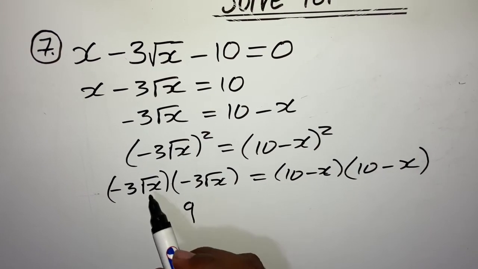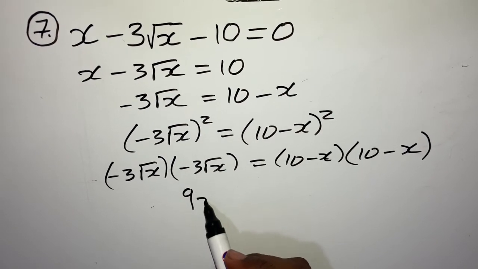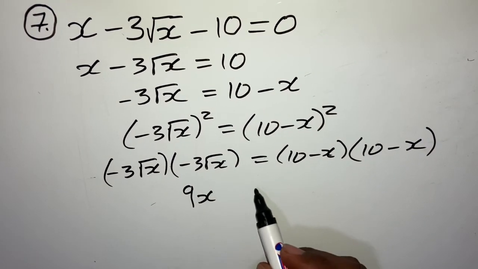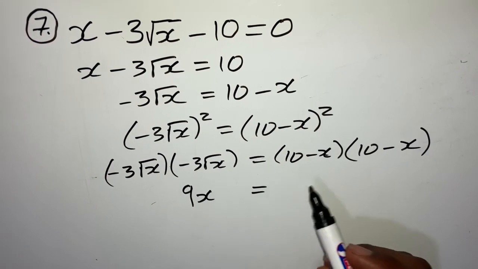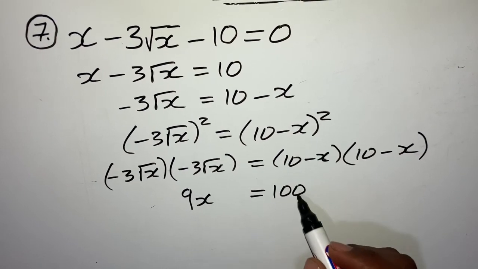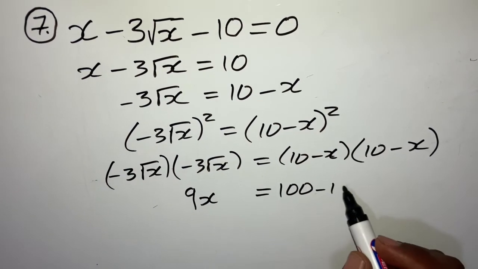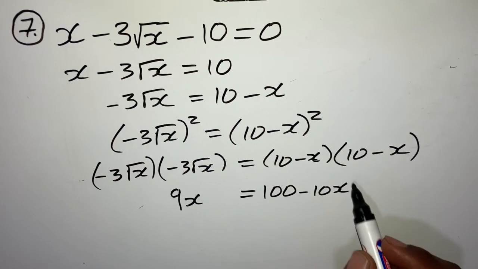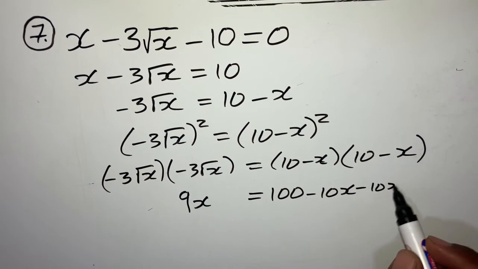Then from here, we multiply negative 3 times negative 3, we get positive 9. Root of x times root of x, we get an x. Then we go on to solve what's on the right, which is 10 times 10, we get 100. 10 times negative x, we get a negative 10x. Negative x times 10, we still get a negative 10x.